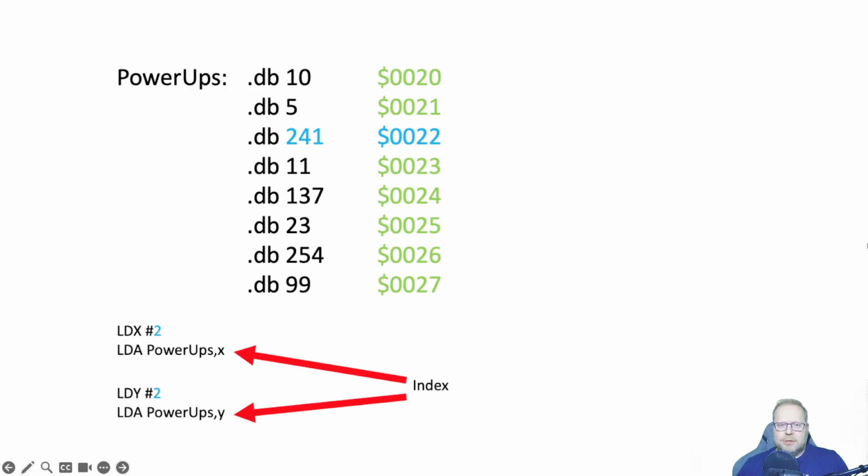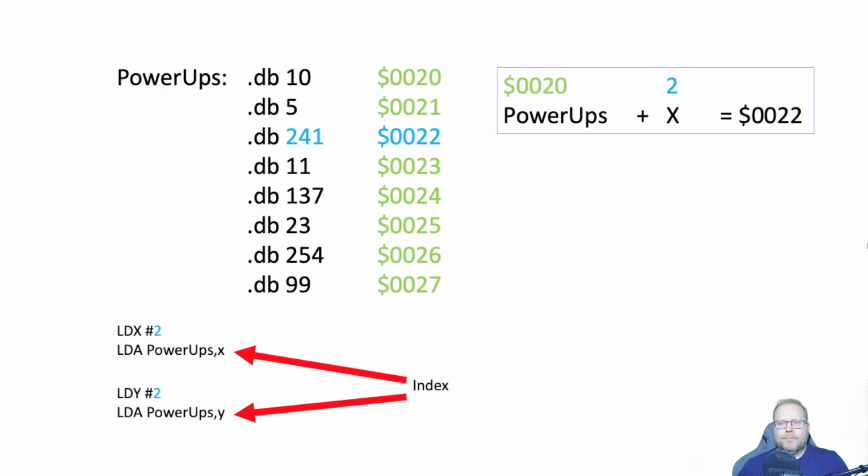So let's take an even closer look at how that works. We have this label for our table, power-ups. Now, this label is just like we talked about with the variables. It's just a friendly name for this memory address. Power-ups is just the memory address 20.